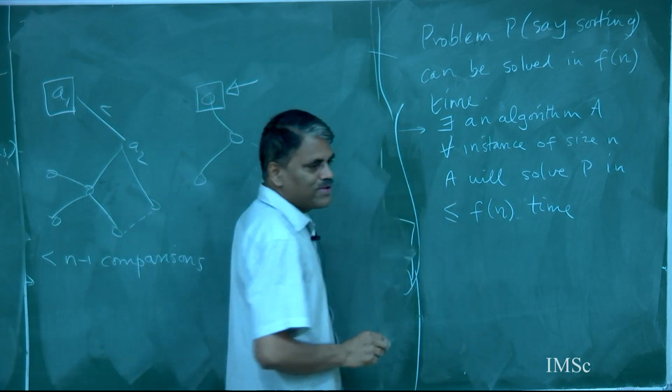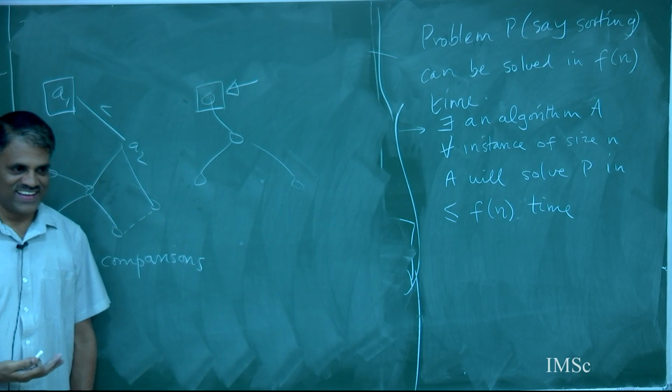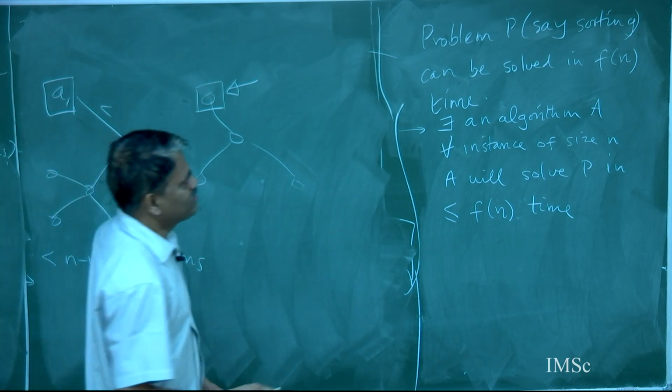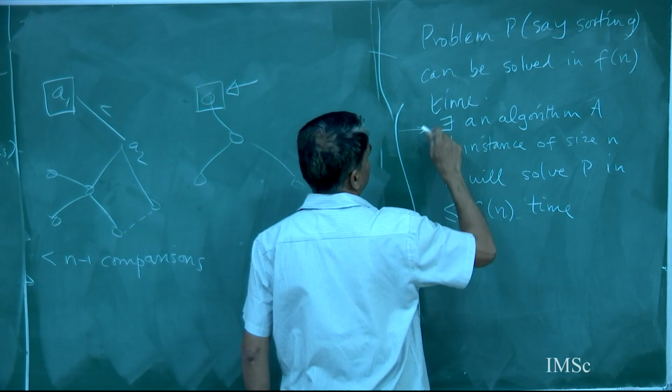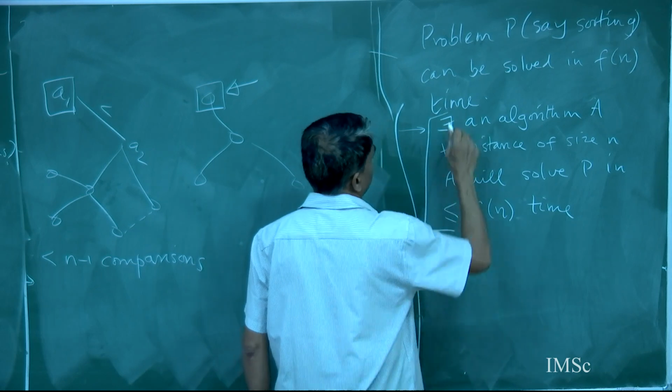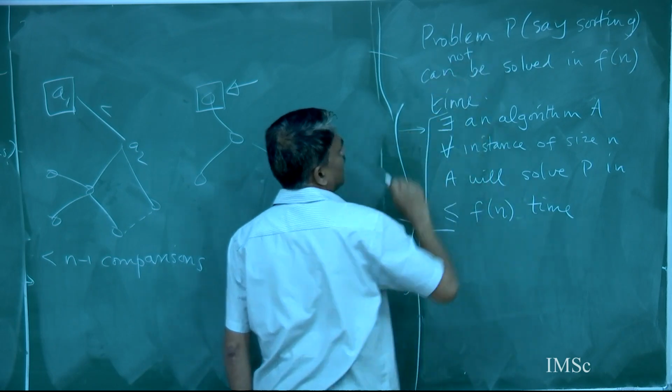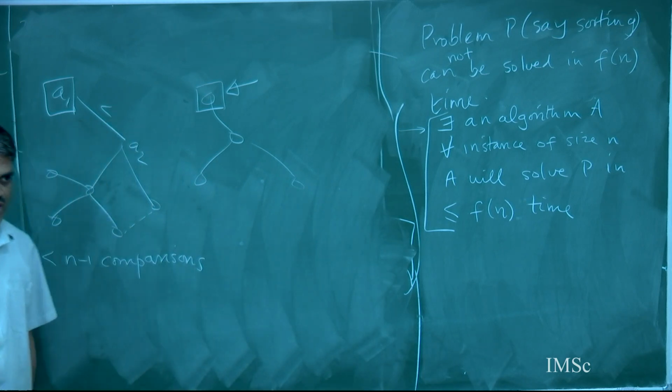Now tell me the negation of this statement. Now I want to write that problem P cannot be solved in f of n. How do you write this?